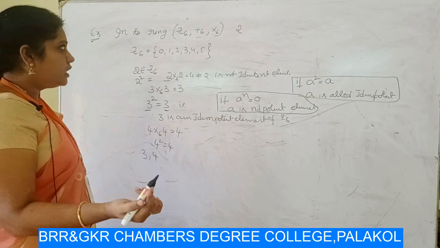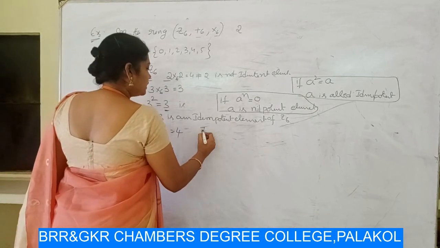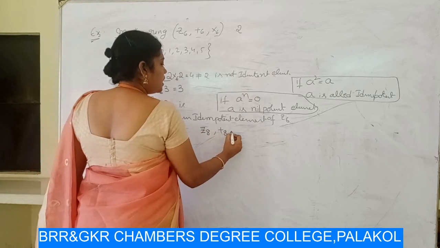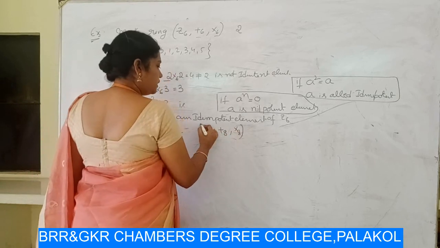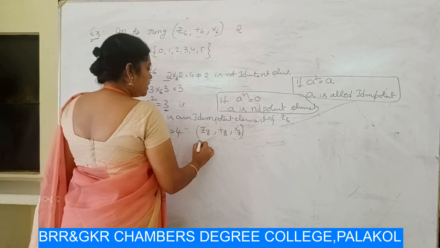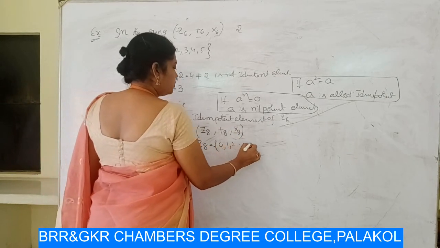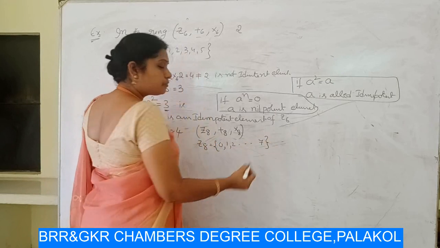If we take another ring Z8, addition modulo 8 and multiplication modulo 8. Z8 contains elements 0, 1, 2, 3 up to 7.